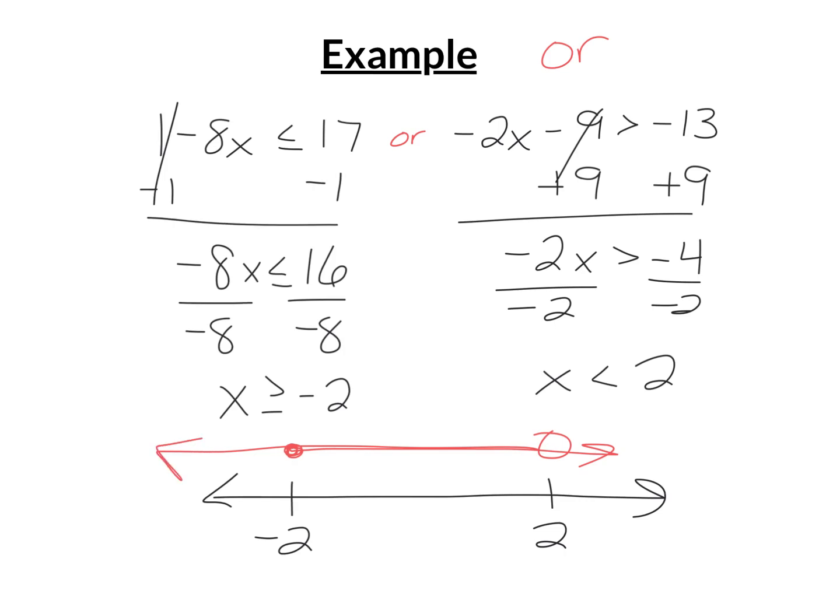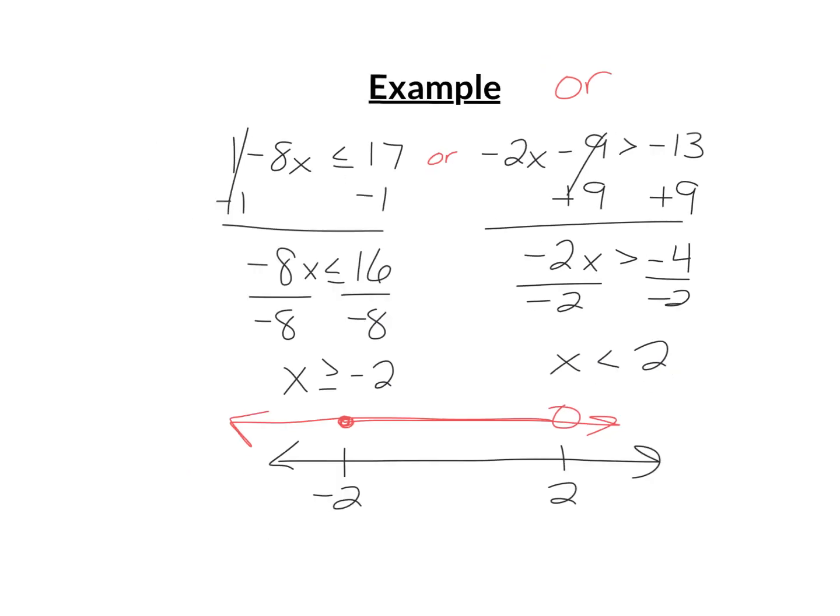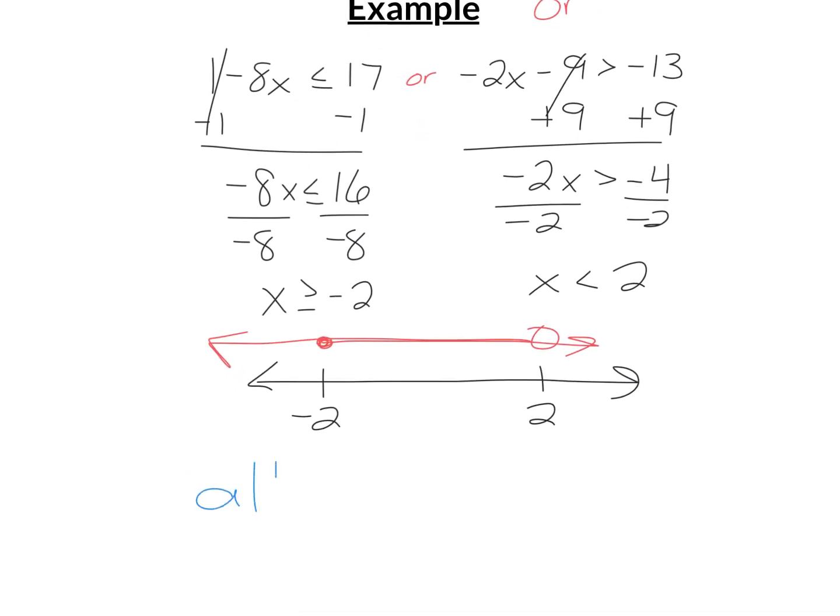It's not right, but can we still have this or this? Okay, so is there such thing as no solution on this one? No, so what's the other option if it has everything? All real numbers. So it's okay if or does connect, it just means it's all real numbers.